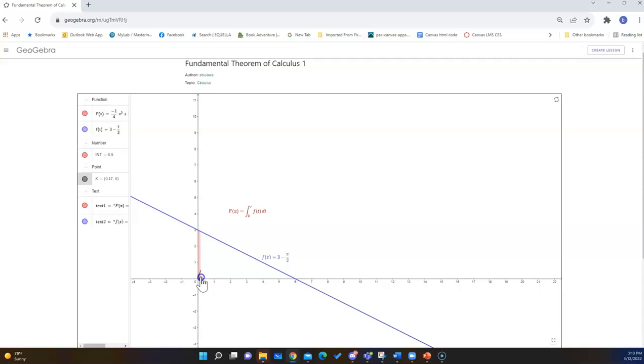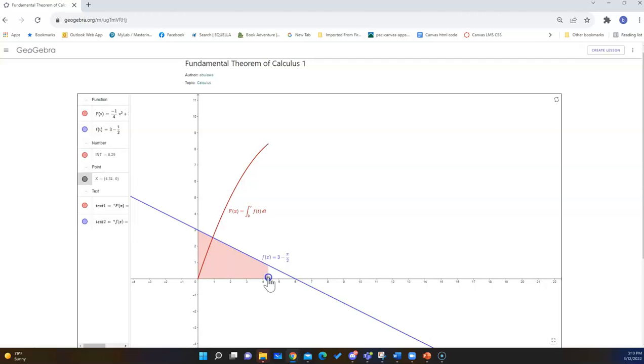The graph of a second function appears, right? And that red graph is the graph of what we called g of x, or in this case, capital F of x. And notice as I move to the right, the area keeps getting bigger and that graph keeps going up. So that's the function we had defined.